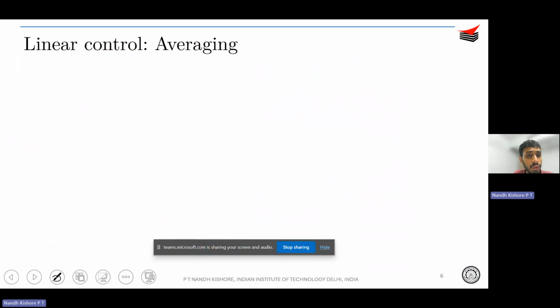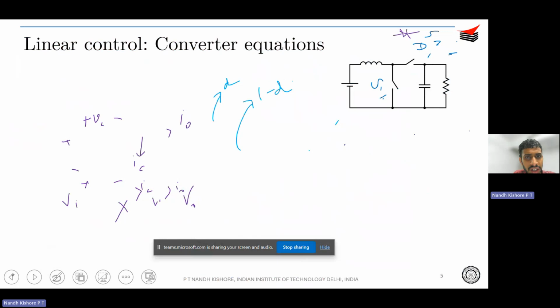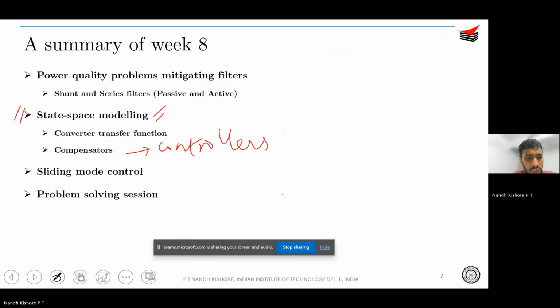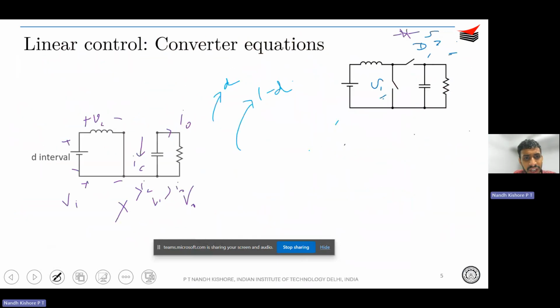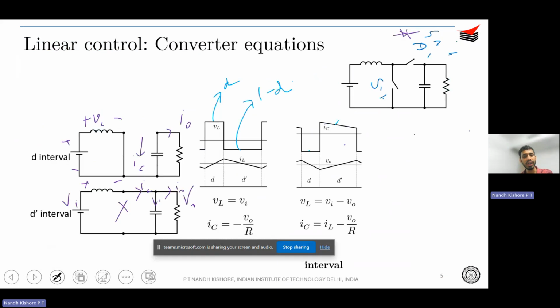So after this, what do we do? What have we done so far? We have analyzed the converter and we have modeled it. We had the converter equations. So now let's do what is called averaging. You know that VL and IC are actually changing their values over one switching cycle.